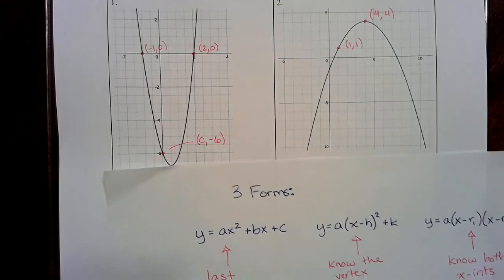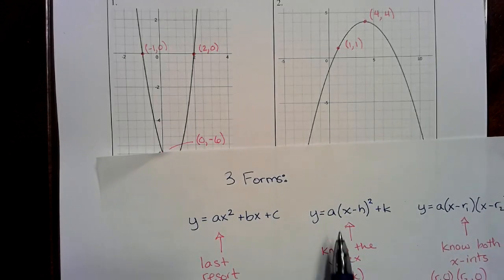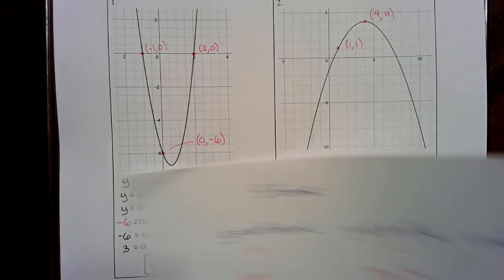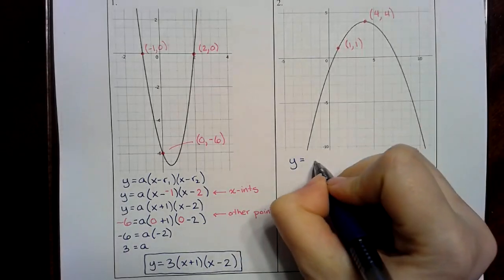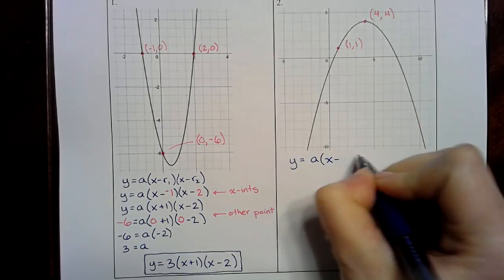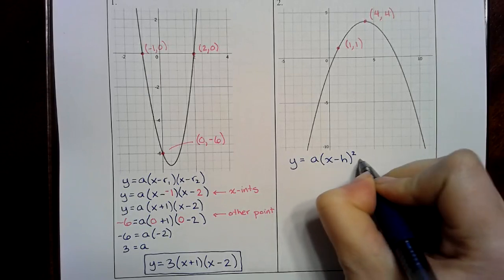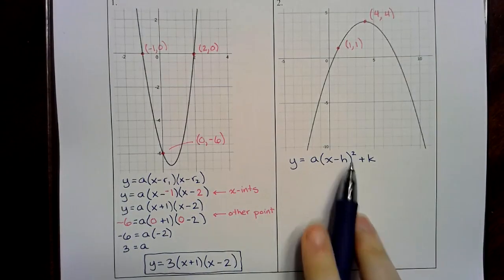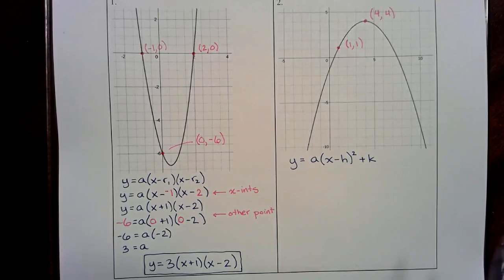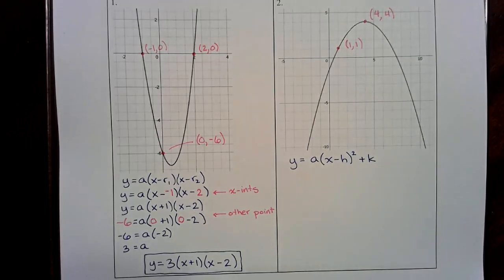And for number 2, because we knew the vertex, we are going to use this vertex form. Don't forget the square, or you're going to be writing the formula for a line instead of a parabola.